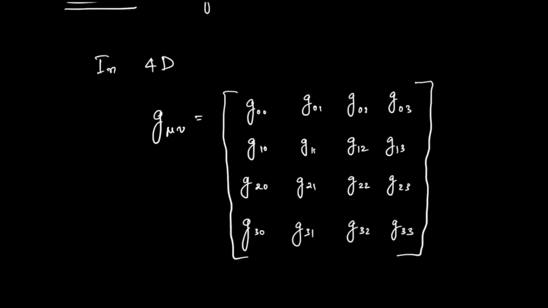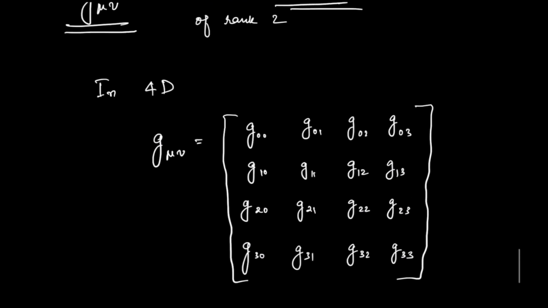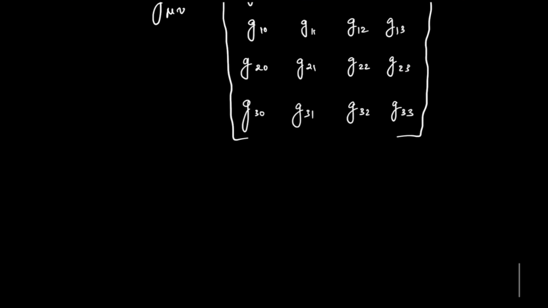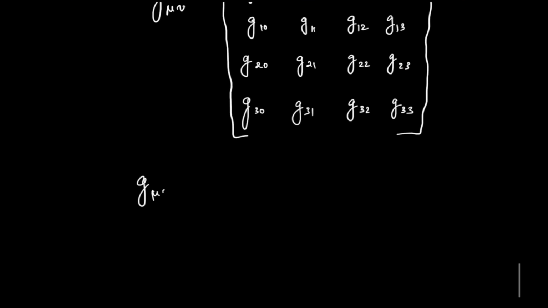This is the fundamental metric tensor in 4 dimensions. Now, here this g mu nu may be a function of x mu. It can be a function, and sometimes it may be a constant also.